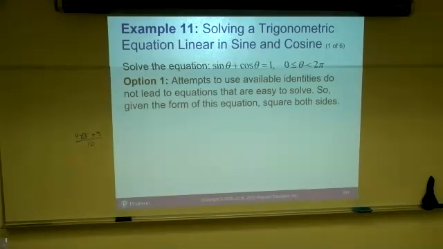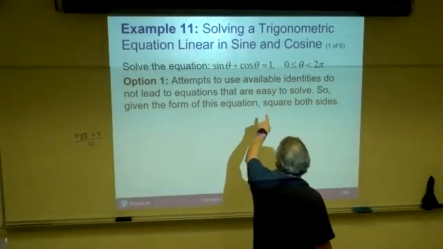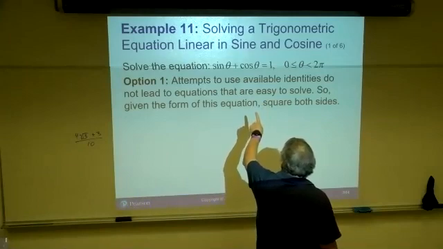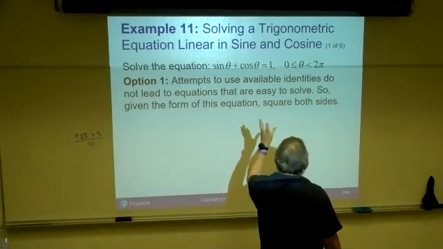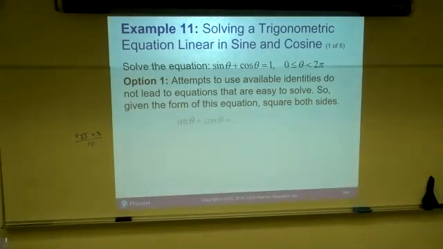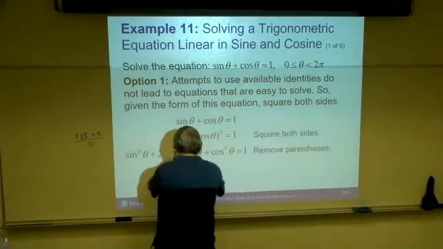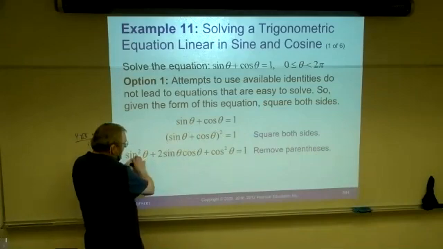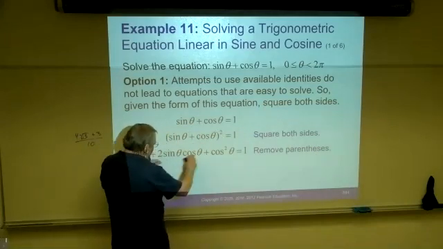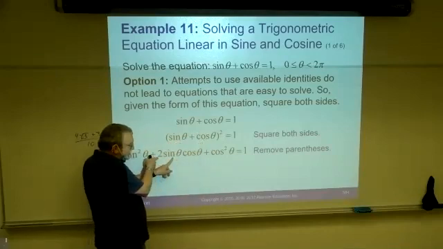Square both sides. So I'm going to square sine plus cosine. That doesn't mean it becomes sine squared plus cosine squared, because I'm squaring a binomial. And when you square a binomial, you get a middle term. I square the sine, I square the cosine, and the middle term is multiplying the two together and doubling it.